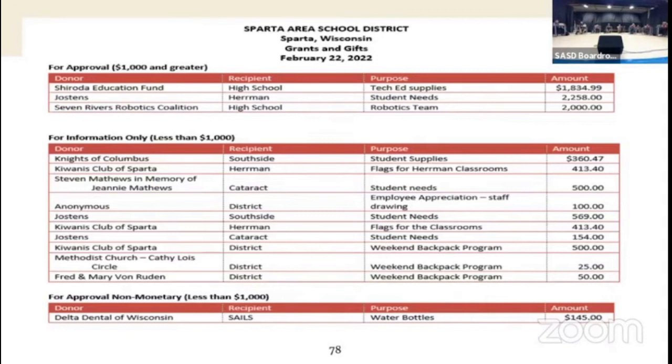The Methodist Church Kathy Lois Circle donated $25 to the district for the weekend backpack program. And Fred and Mary Von Ruden donated $50 to the district for the weekend backpack program. And Delta Dental of Wisconsin donated $145 worth of water bottles to sales. So those are all very, very much appreciated.